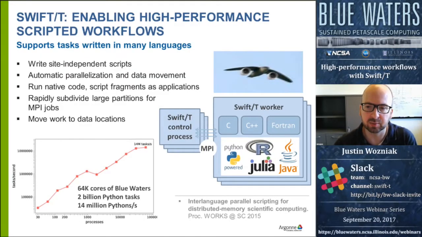So putting that together, what Swift T really looks like is an MPI program that has some control processes that are evaluating the Swift program, and a whole bunch more worker processes that are executing the user code. Again, that's part of that hierarchical programming model I mentioned earlier, where most of the work is done in existing codes.